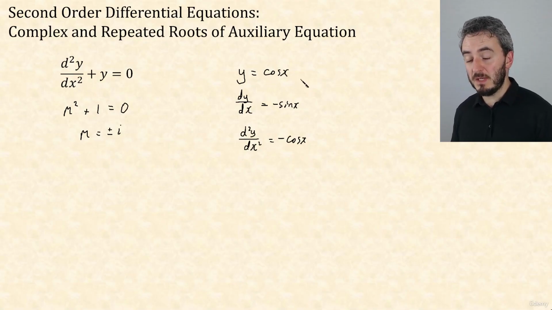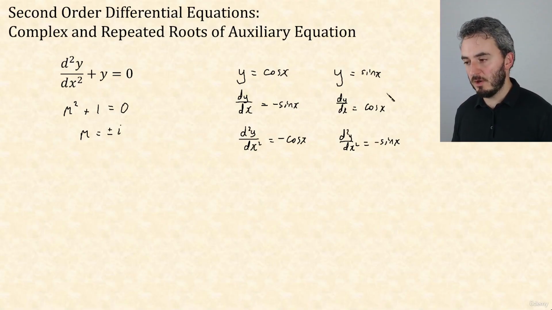And in fact, we could have started with sine x as well, right? If you had y equals sine x, you get the same thing where the first derivative is cos x and the second derivative is minus sine x. And again, we have the second derivative plus the original function is 0.